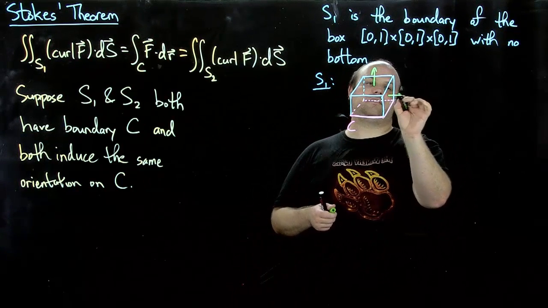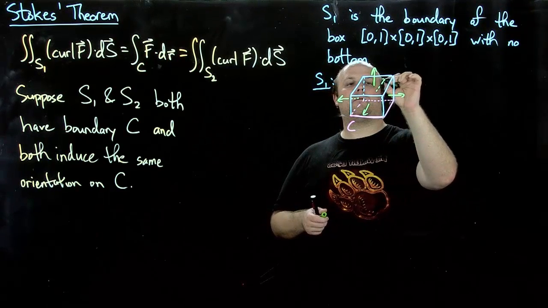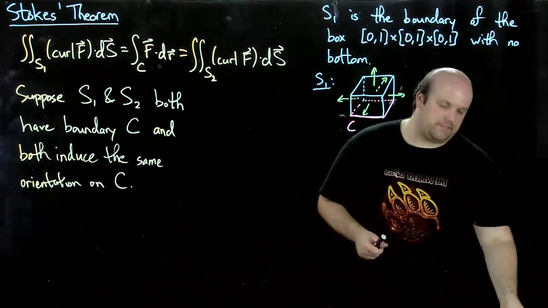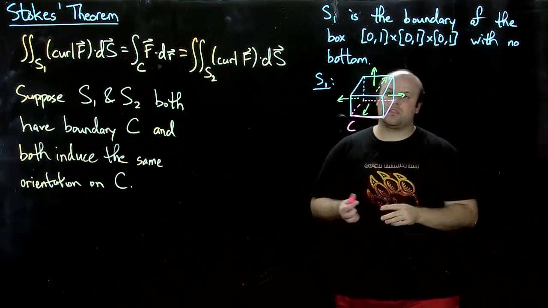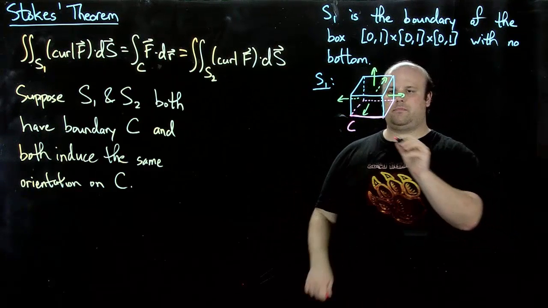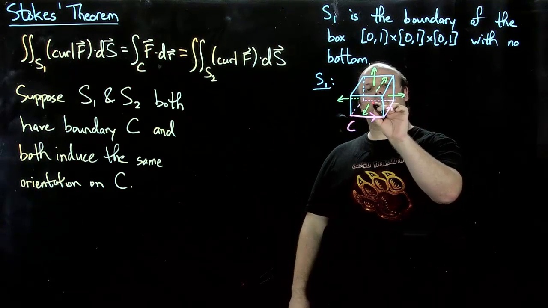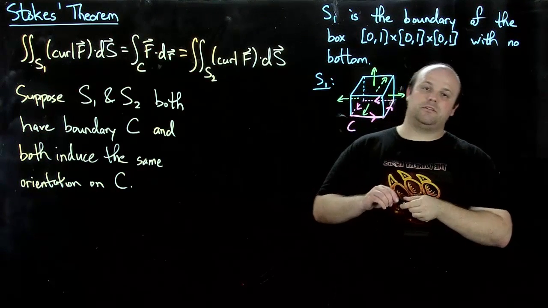So the orientation that looks like this, so it's kind of going outward from that box. Well, what orientation does that induce on the boundary? I'll let you verify that it's the counterclockwise one.